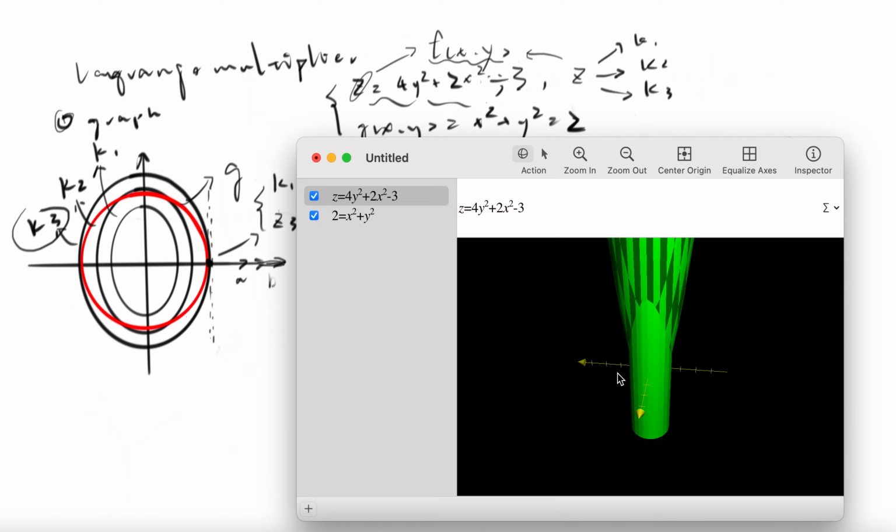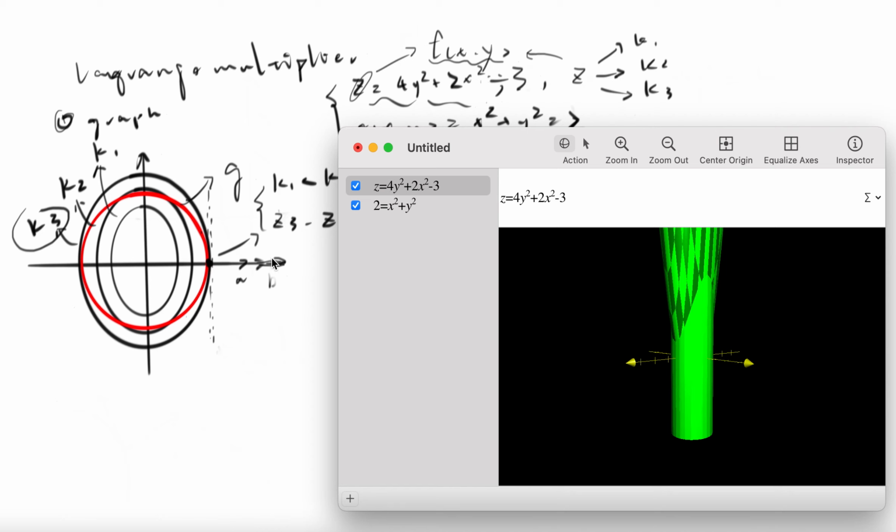However, at the maximum point, the cross section at that level of the F graph completely includes the cross section of the G graph at the same Z level. However, they have two points intersected, which is the one that we're looking for here.